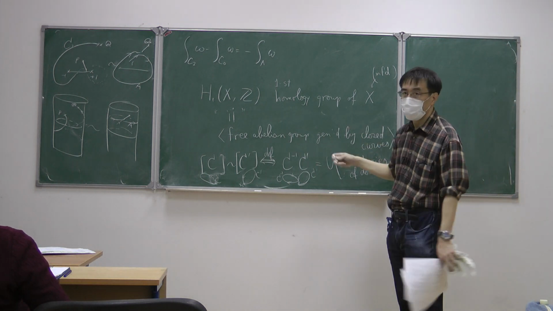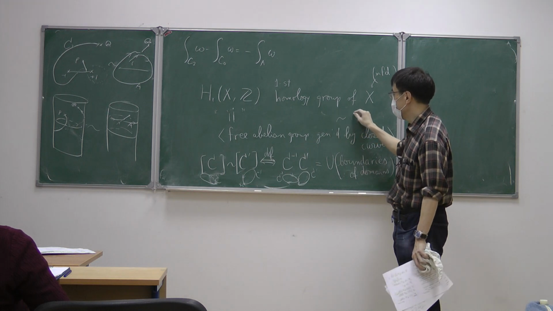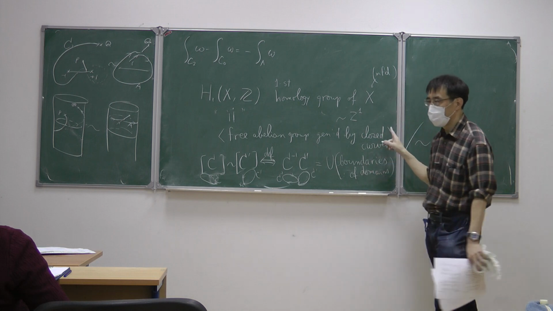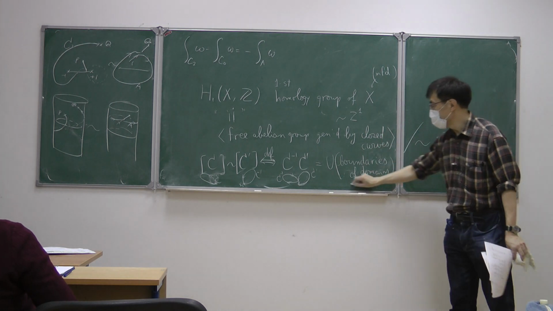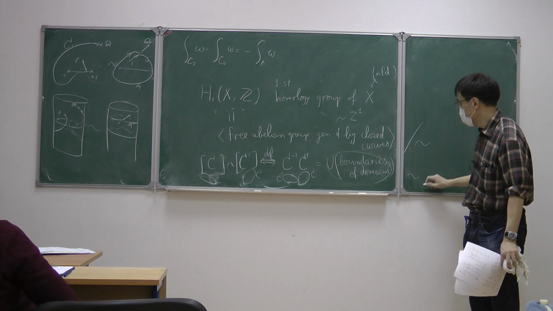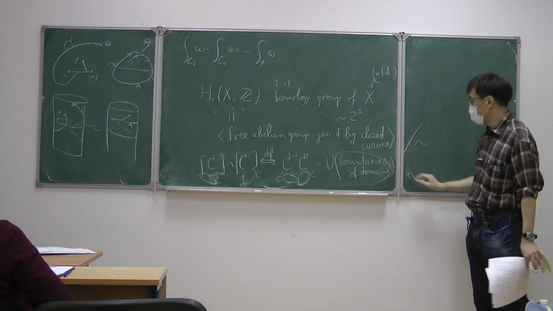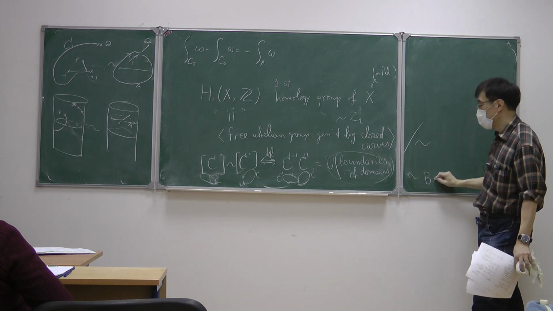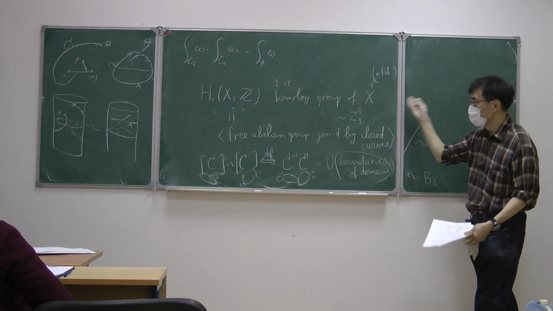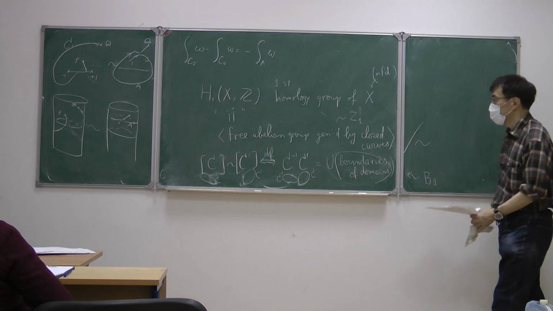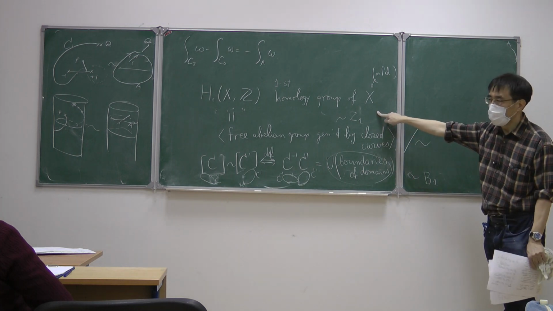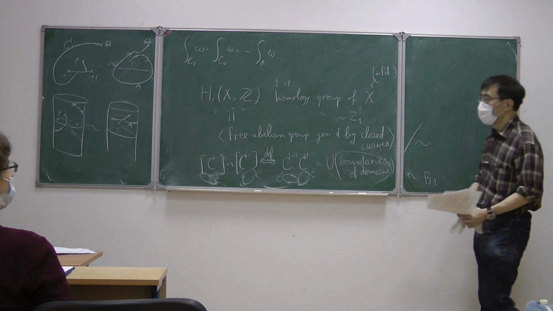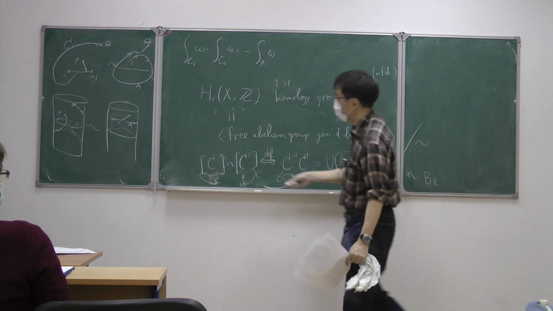If you know the definition, it is Z1, the group of one-cycles, and B1, the one-boundaries. Factorizing the group of one-cycles by the one-boundaries, then we have a homology group.